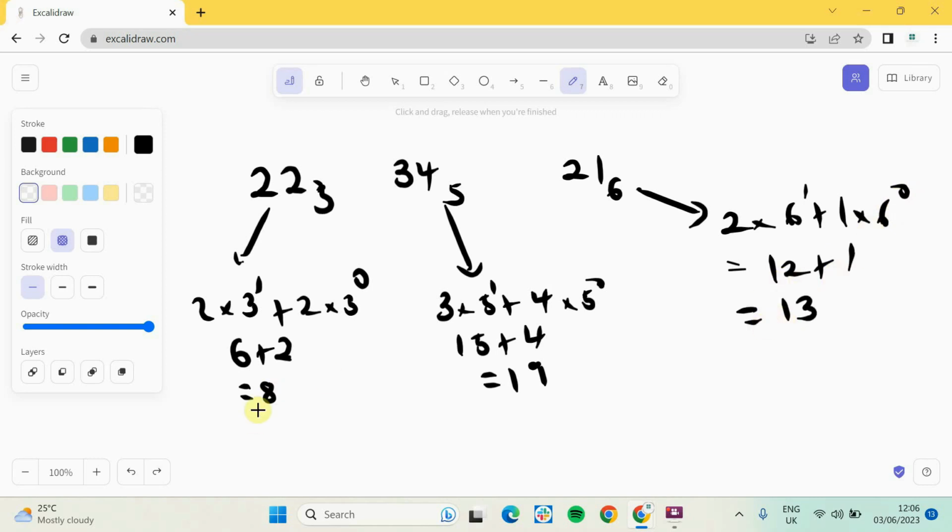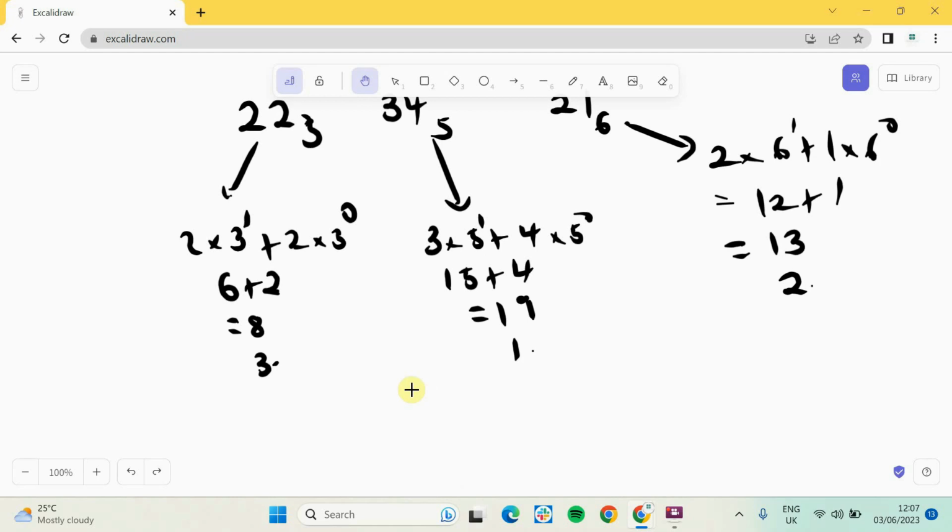So I have 8, I have 19, and I have 13. We can see from first view that this is the highest, so this will be position 1, followed by this guy position 2, then this guy position 3. So what is the order that our answer is going to be?